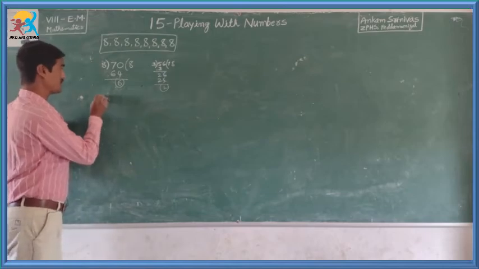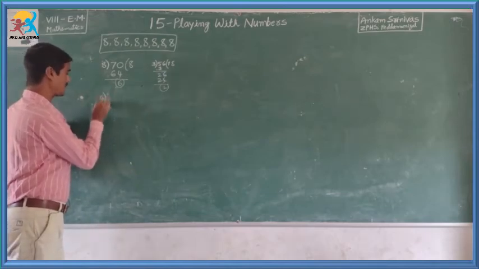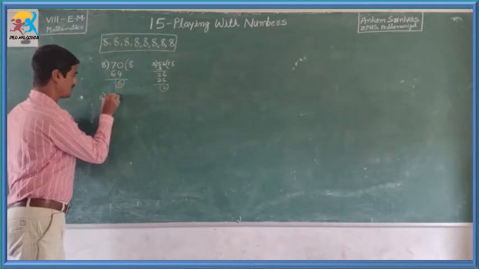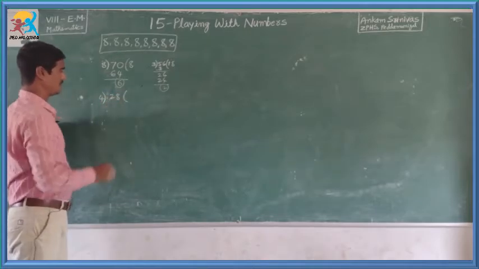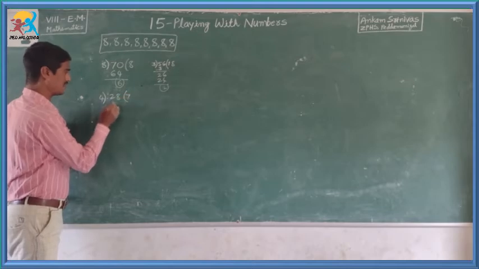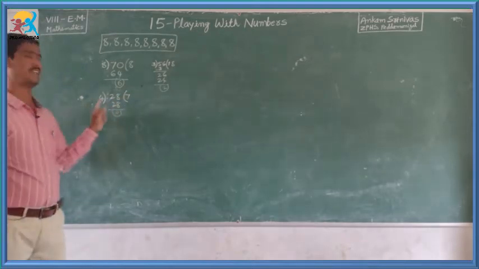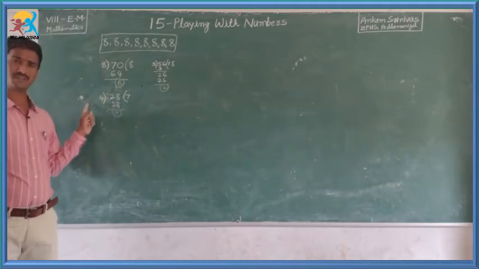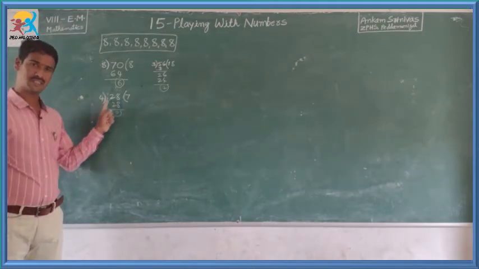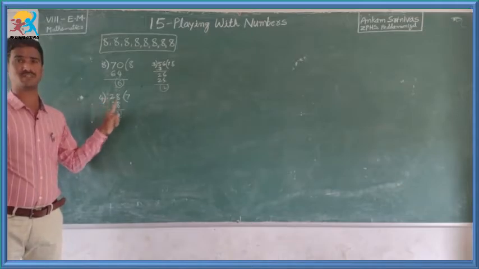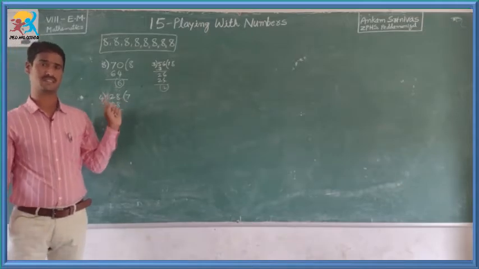Let us take another division. 28 divided by 4. 4 sevens are 28. What is the remainder? 0. So when a number is divided by 4, the remainder should be less than 4. That means maybe 0, 1, 2, 3.